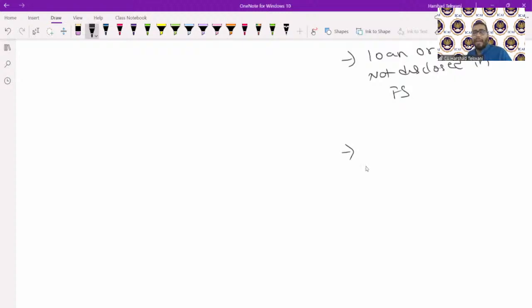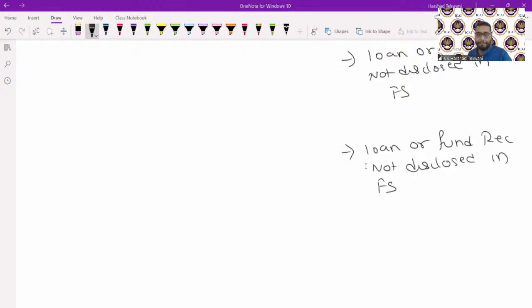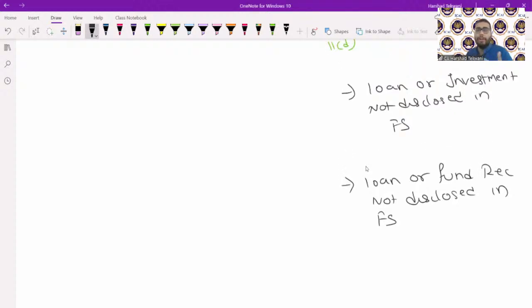So first, loan or investment given; now, loan or fund received not disclosed in the financial statements. When we talk about the first point, loan or investment given, and loan or fund received, we take a representation from management in these 2 points, where the management represents that, or management believes that. So these are the management representations.